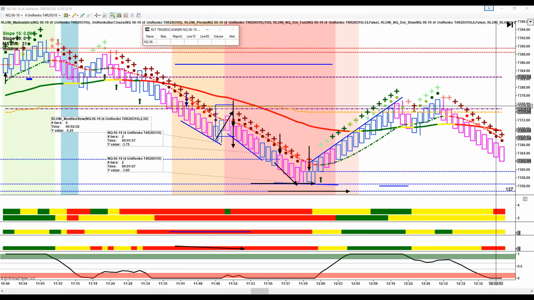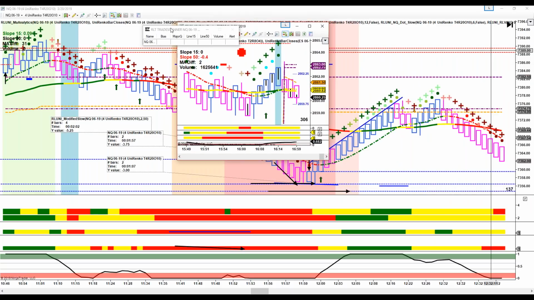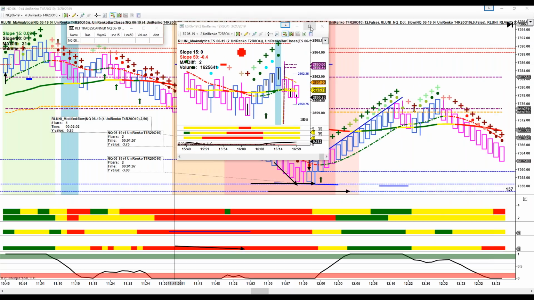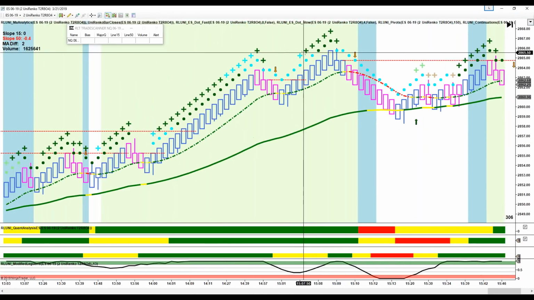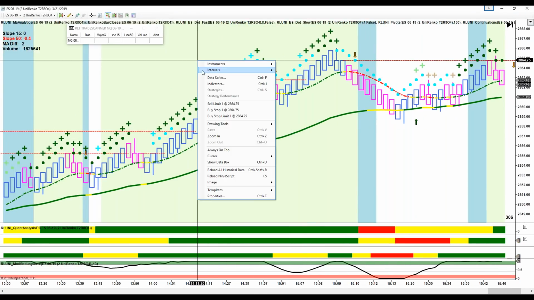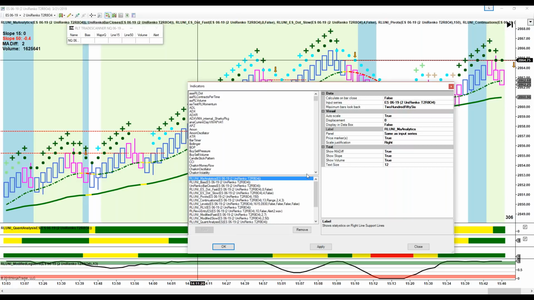You can set this up on as many markets as you want. And I'll show you, I'm going to put one. Here's the E-mini. And I'll show you the E-mini chart really quickly. The E-mini today was a killer chart to trade. And you just put the dashboard in. And what I like to do is I stack them.